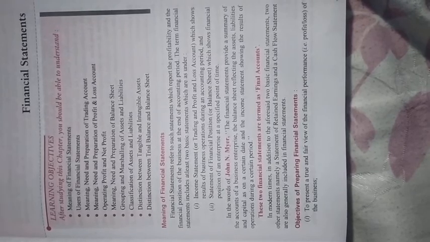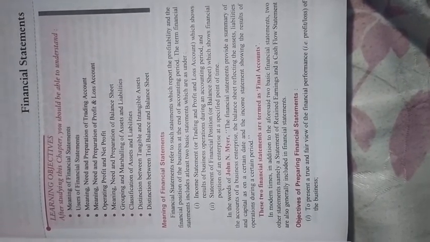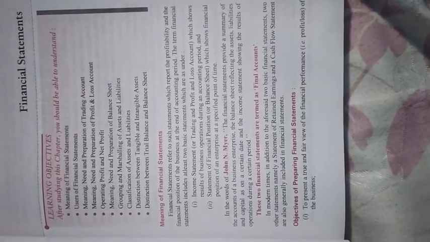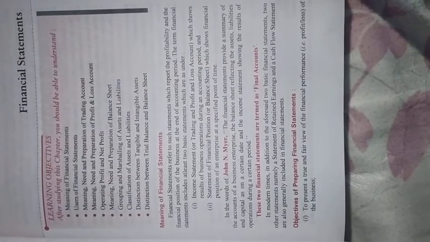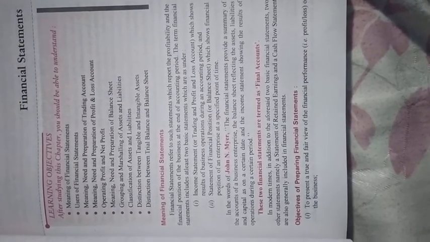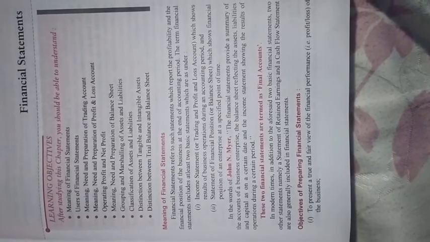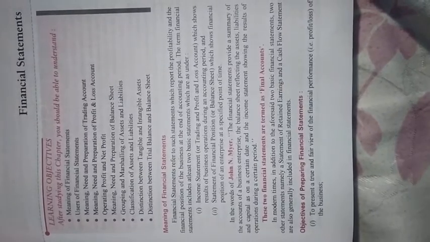And the financial statement also shows the financial position of the firm, and for showing the financial position of the firm, or say business unit, one more account is prepared, known as the balance sheet. This balance sheet shows the financial position of the business unit.